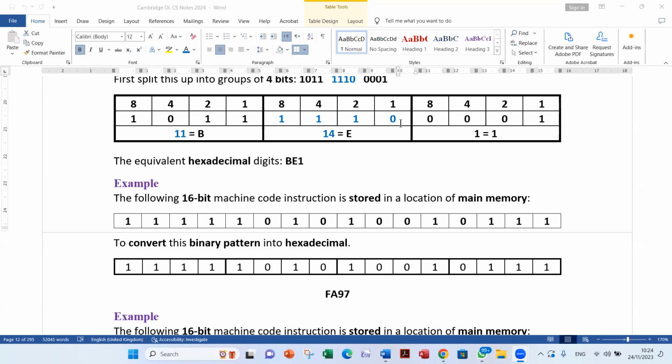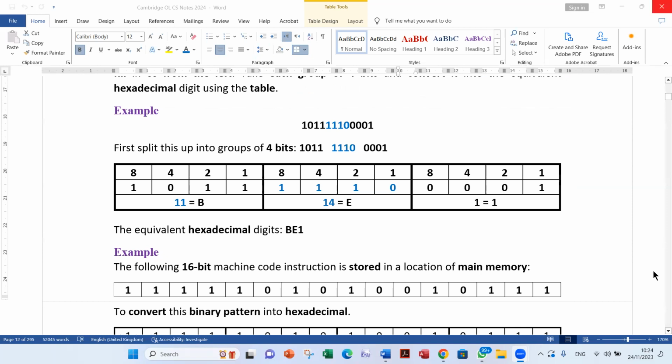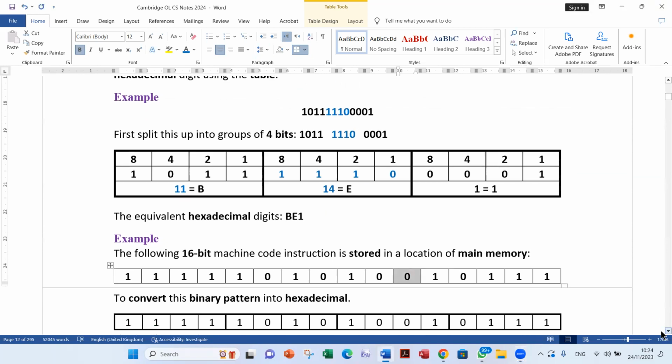The following 16-bit machine code instruction is stored in a location of main memory: 1, 1, 1, 0, 1, whatever. We would like to convert this into hexadecimal. Please go ahead and convert that yourself.